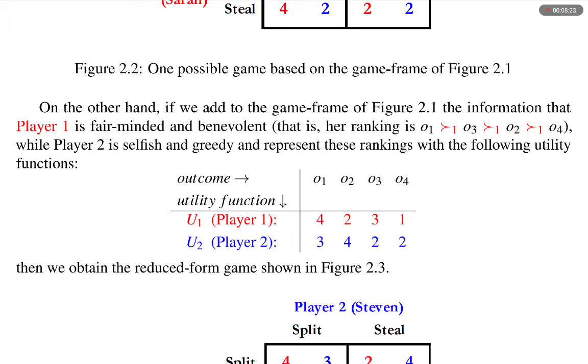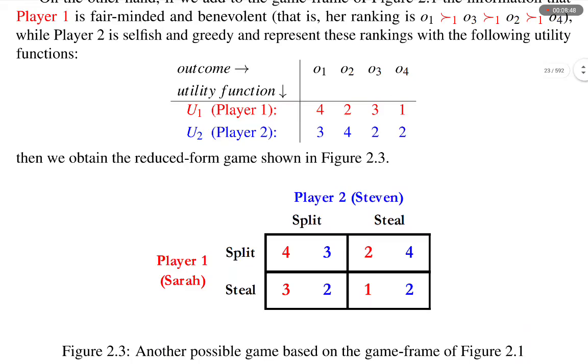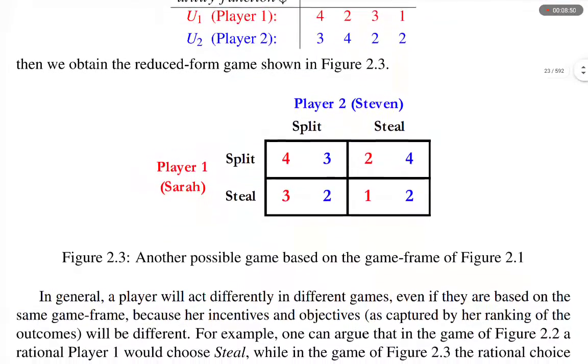For outcomes O1, O2, O3, O4, the utility function for player 1, U_1, is 4, 2, 3, 1. The utility function for player 2, U_2, is 3, 4, 2, 2. Then we obtain the reduced form game shown in figure 2.3.